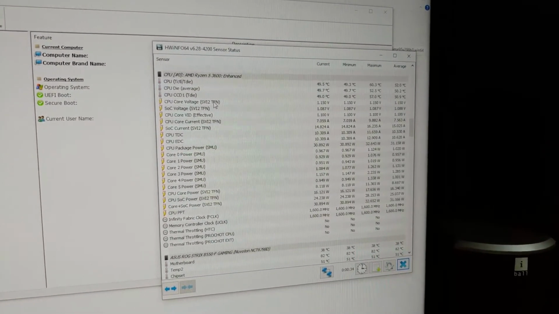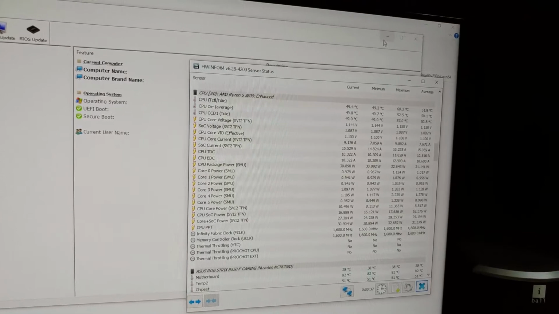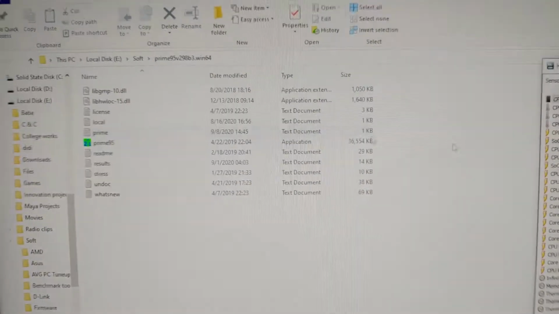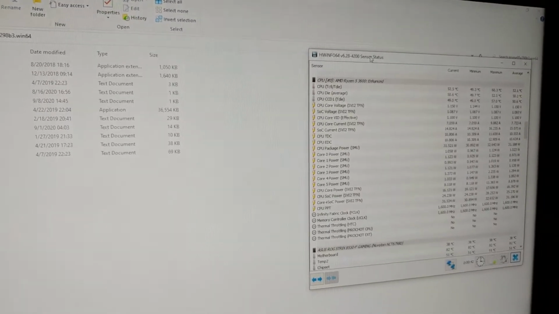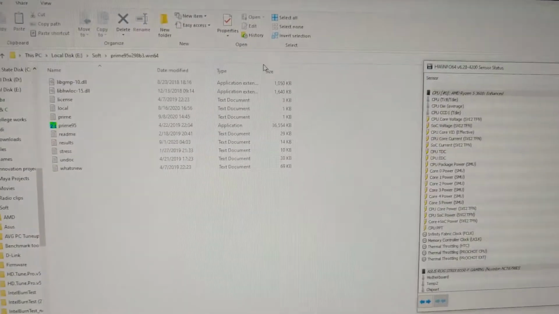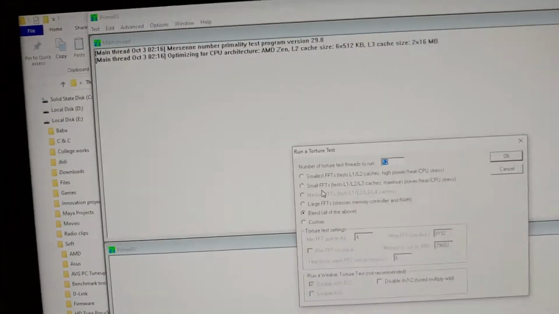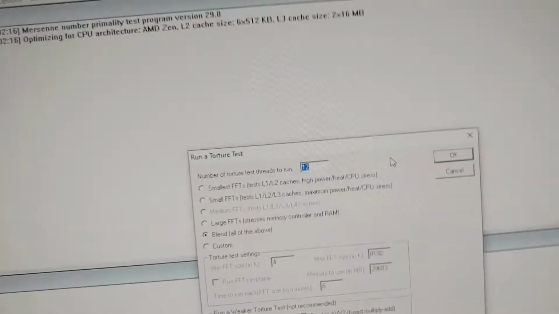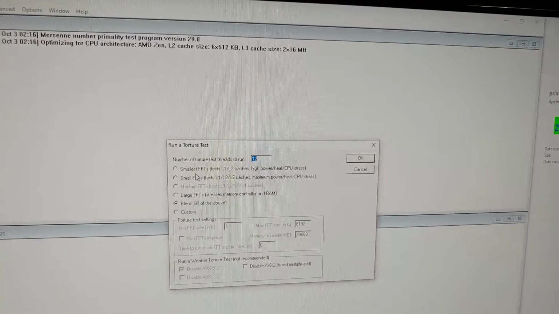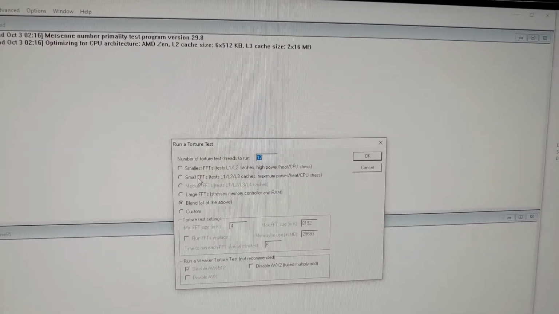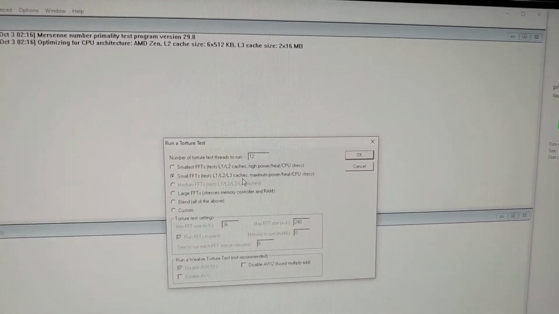And for Prime 95, here is what you are going to do. Keep HW Info 64 open on one side and launch Prime 95. Here you will need to select smallest small FFTs, tests L1, L2, L3 caches, maximum power, heat and CPU stress.